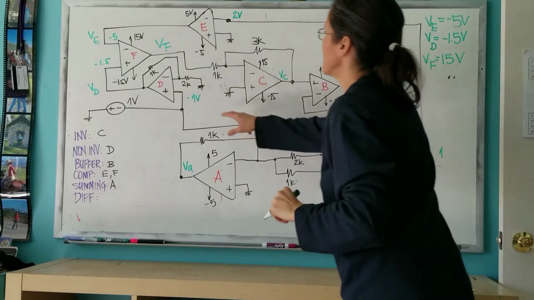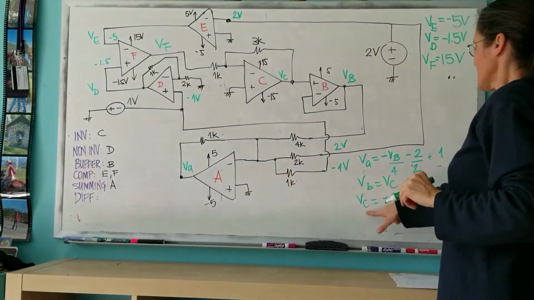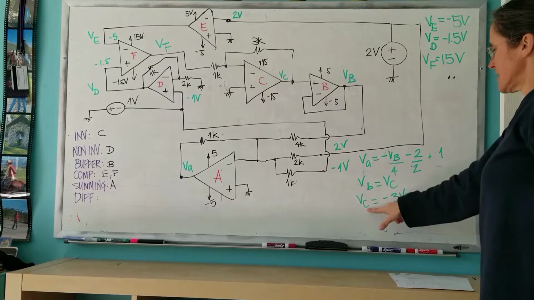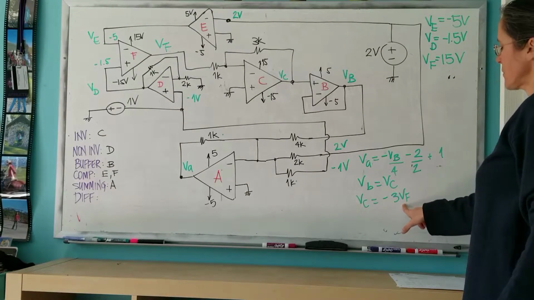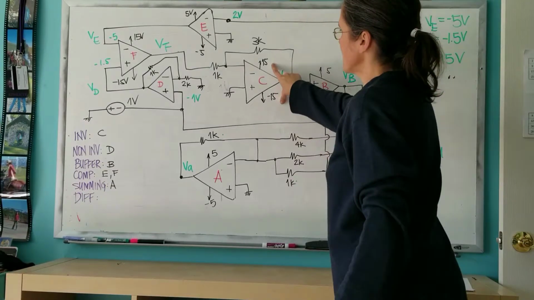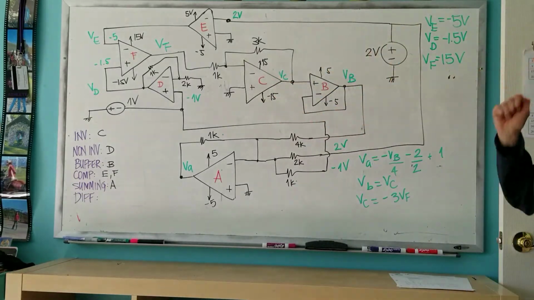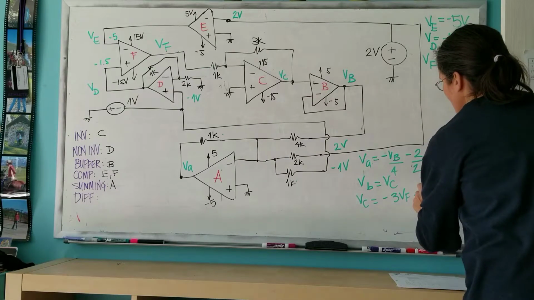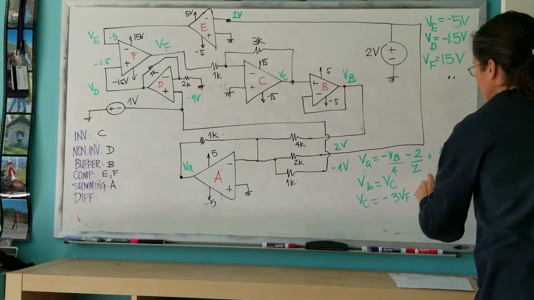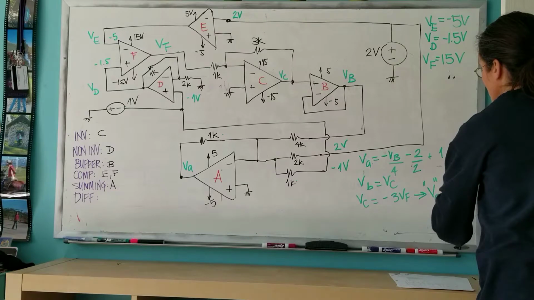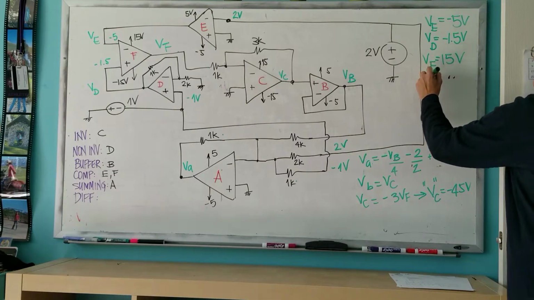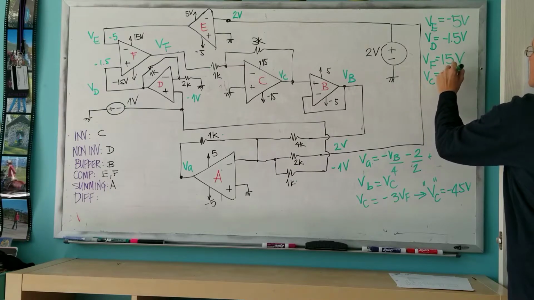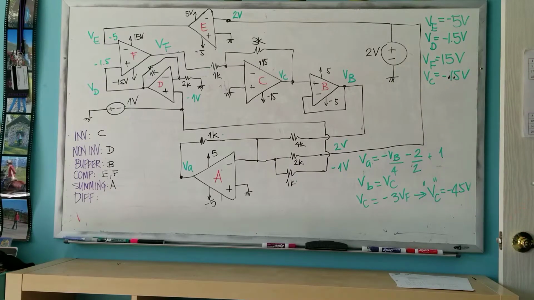Now that I know VF is 15, the problem is this VC wants to multiply 15 by 3, but it only has a 15 volt rail. So the original VC would be minus 45 volts. But really VC ends up being minus 15 because the op-amp cannot supply minus 45 volts on its own.